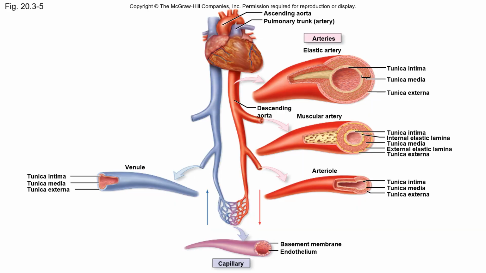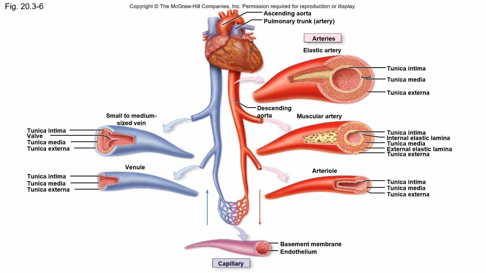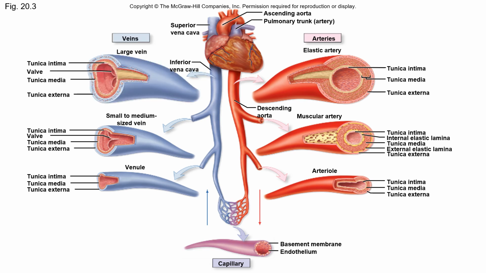Okay, venules collect the blood from capillary beds and take them to small to medium-sized veins, which collect the blood into large veins. There's not a real difference like there is between elastic and muscular arteries between the large veins and the smaller veins. Their tunica intima is the same, with valves.